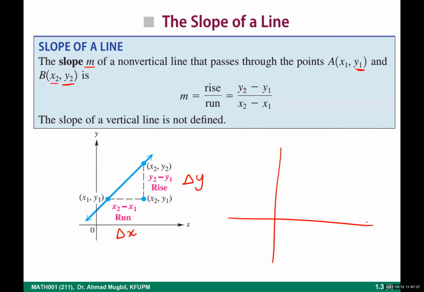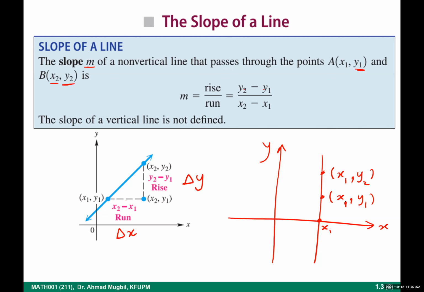If we have a vertical line, this is the x-axis, this is the y-axis. If we have a vertical line like this one, let's take 2 points for an instant. Let's say that this point here, the x-intercept, it is x1. What will be this point, x1 and y1 for an instant? What will be the other point here? It will be x1 again, because x here is fixed because it is a vertical line, and y will be a different value.